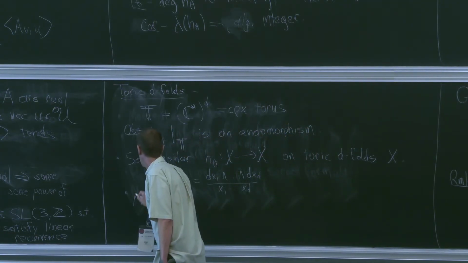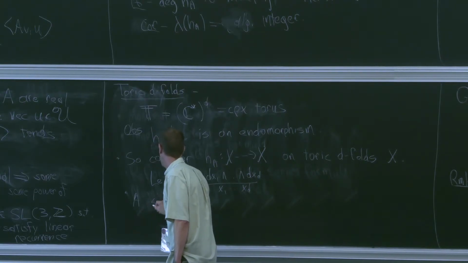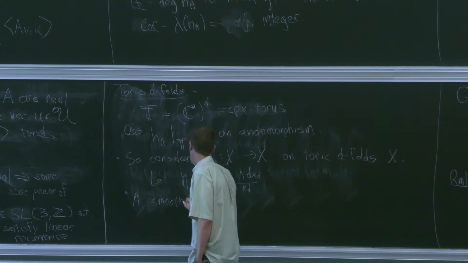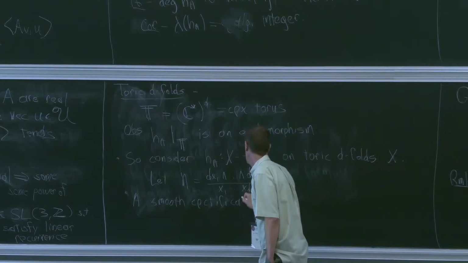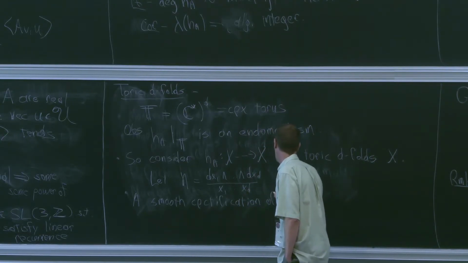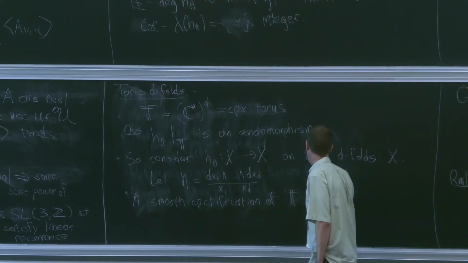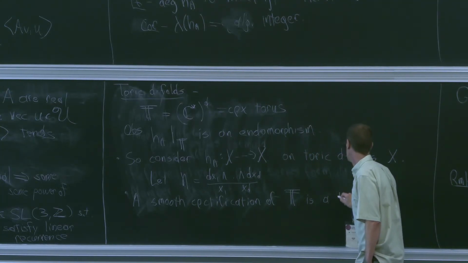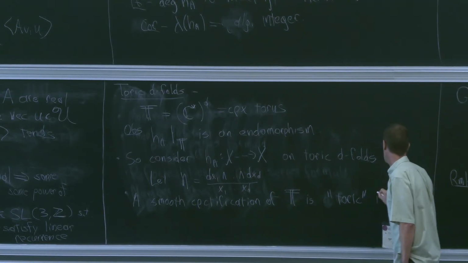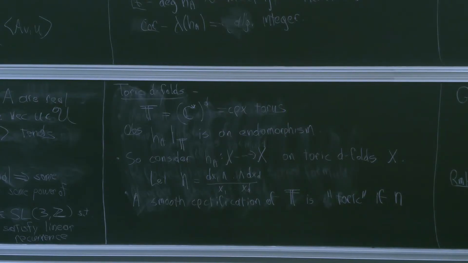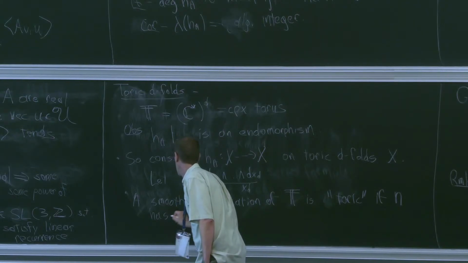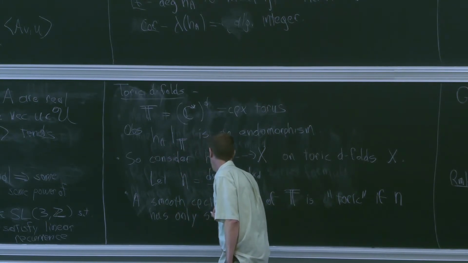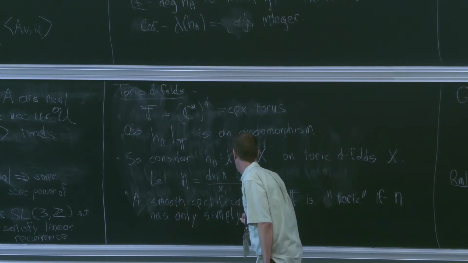So a smooth compactification X of the torus is toric if the form induced by eta on X only has simple poles and no zeros.